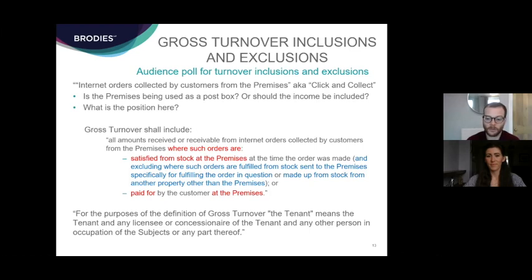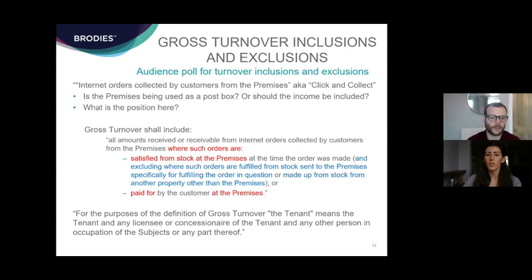And I think just before we move on to the next slide, we've got a question here, maybe best for you, Naomi, just talking about the click and collect. Somebody's mentioned what happens in the instance where there's almost a reverse click and collect.